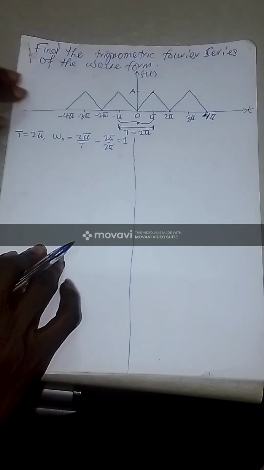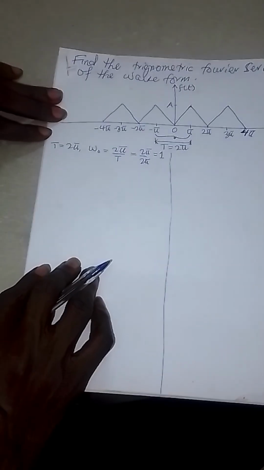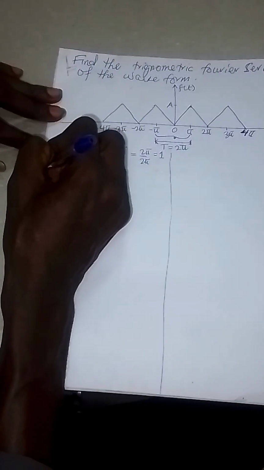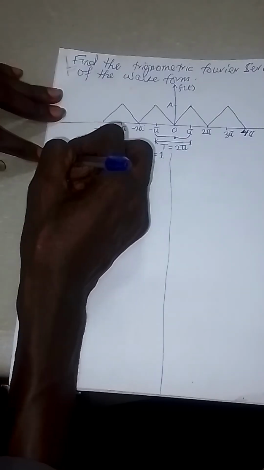Here, what I'm going to do is write the general formula for the trigonometric Fourier series.